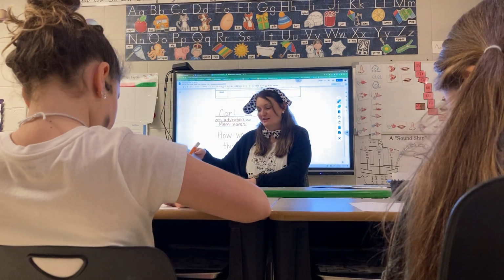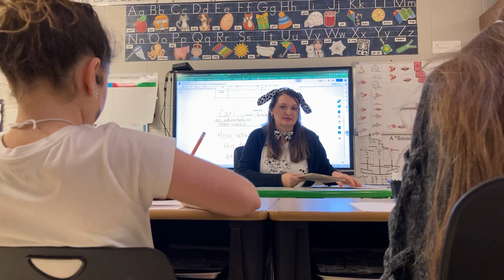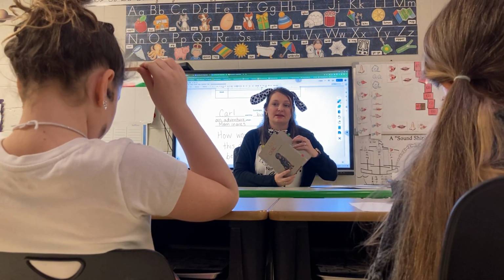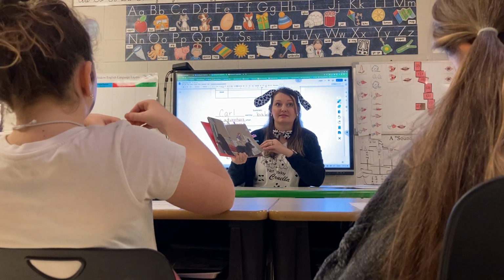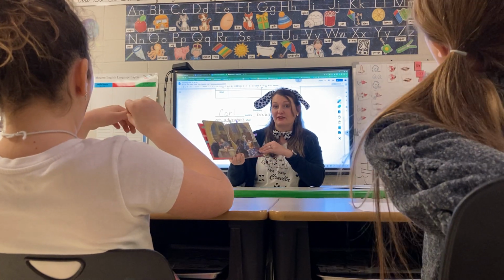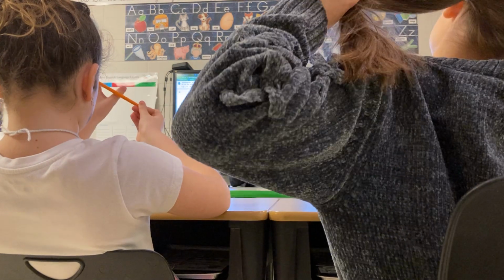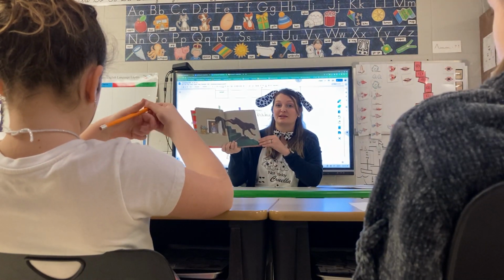Alright, so we read Good Day by Carl, and we worked on our inferencing. Do you remember what inferencing means? Inferencing means to use the clues from the story to make assumptions or to figure out something about the story, even though it doesn't actually tell you that. So we knew that Carl was a good dog because why?